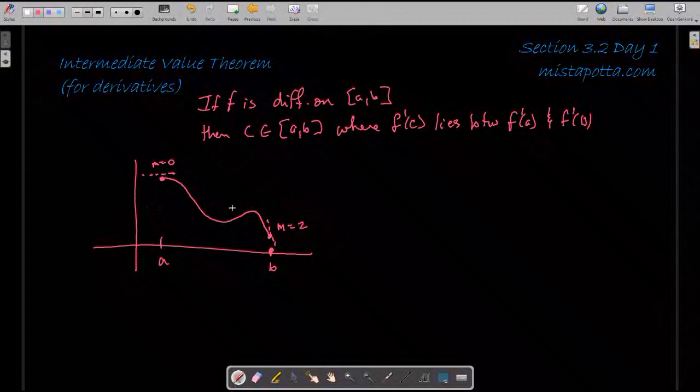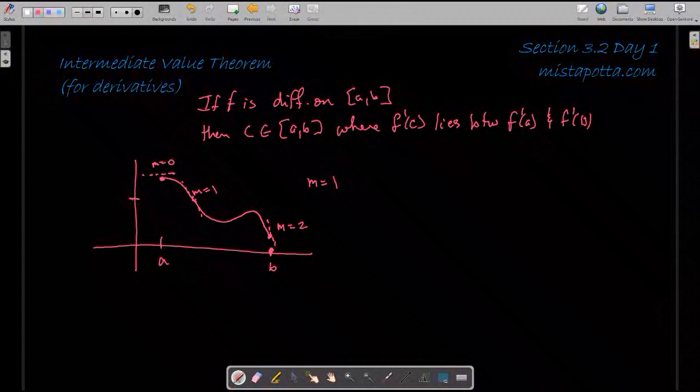That means there's got to be some place where the slope is 1.